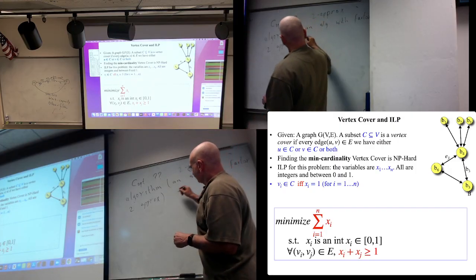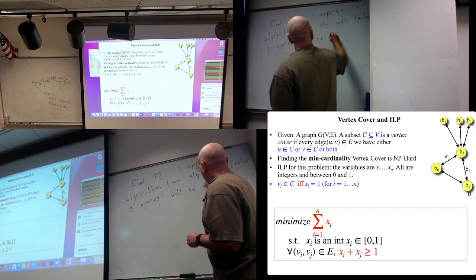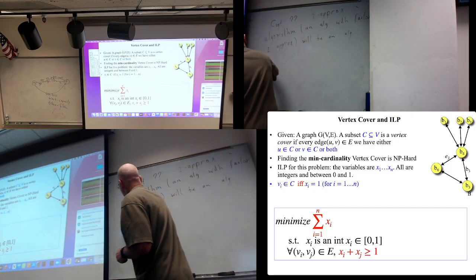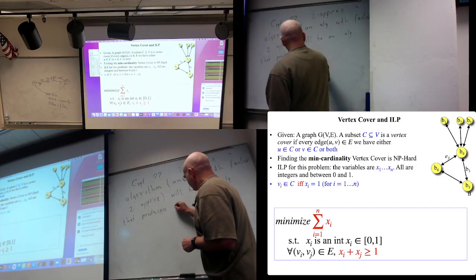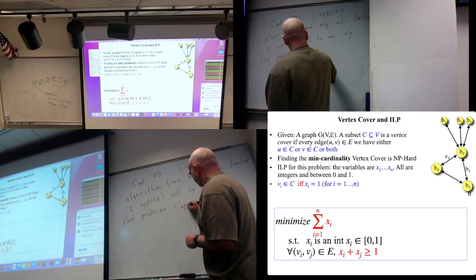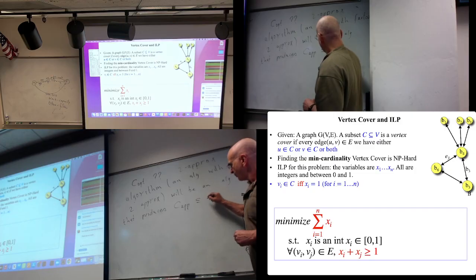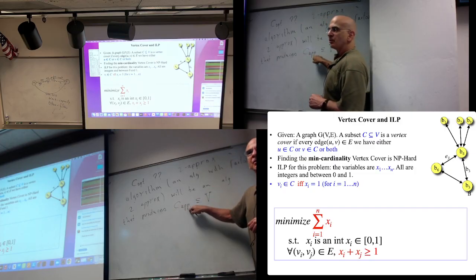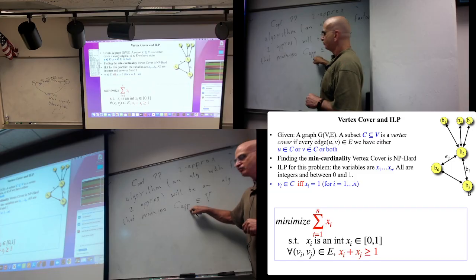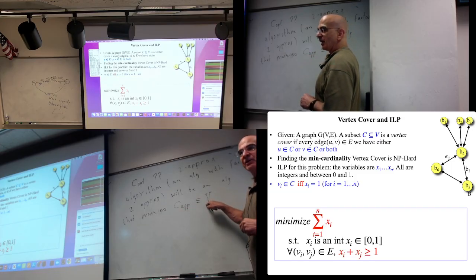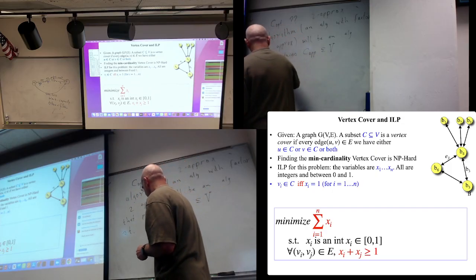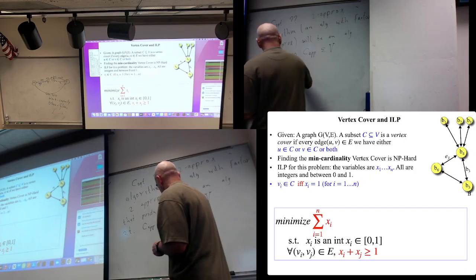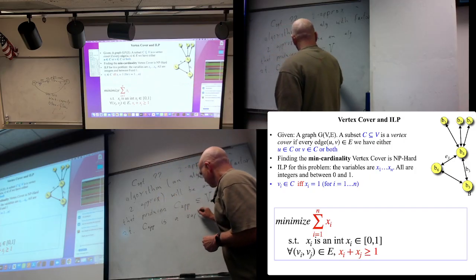A factor 2 approximation will be an algorithm that produces some set C approx, a set of vertices, a subset of the vertices of my graph, such that C approx is a vertex cover.